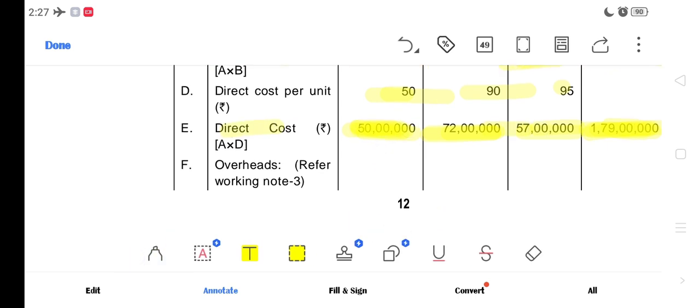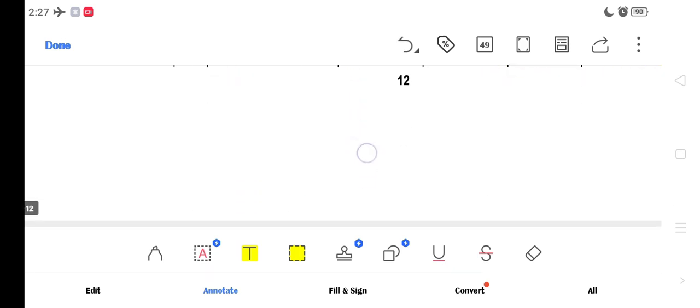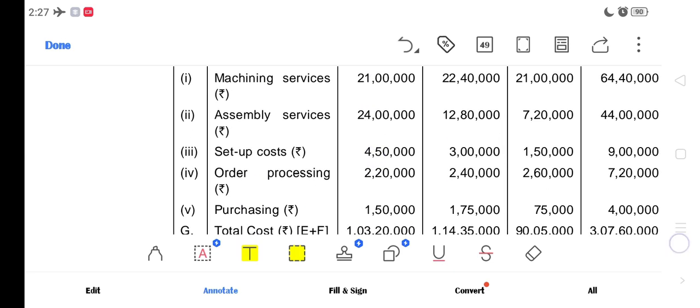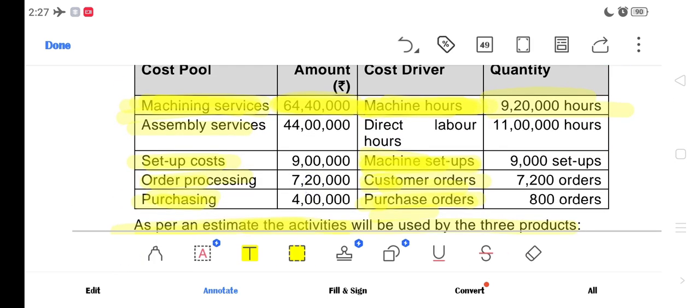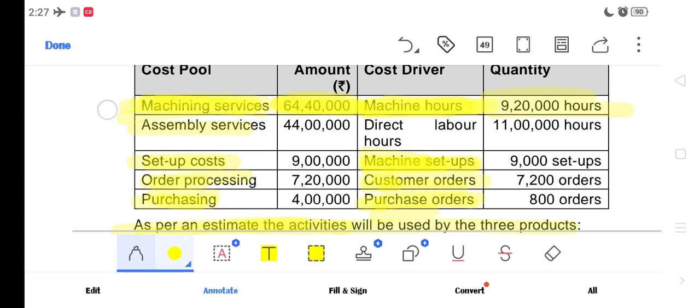Now overheads. What are the overheads? Refer to working note 3. I have already told you, all these 5 you have to consider: machine services, assembly services, setup cost, order processing, and purchasing.